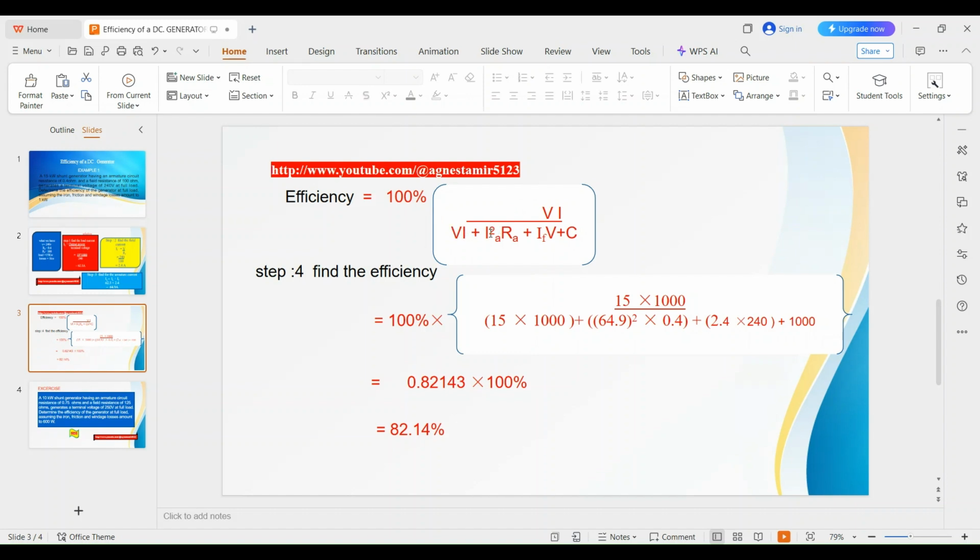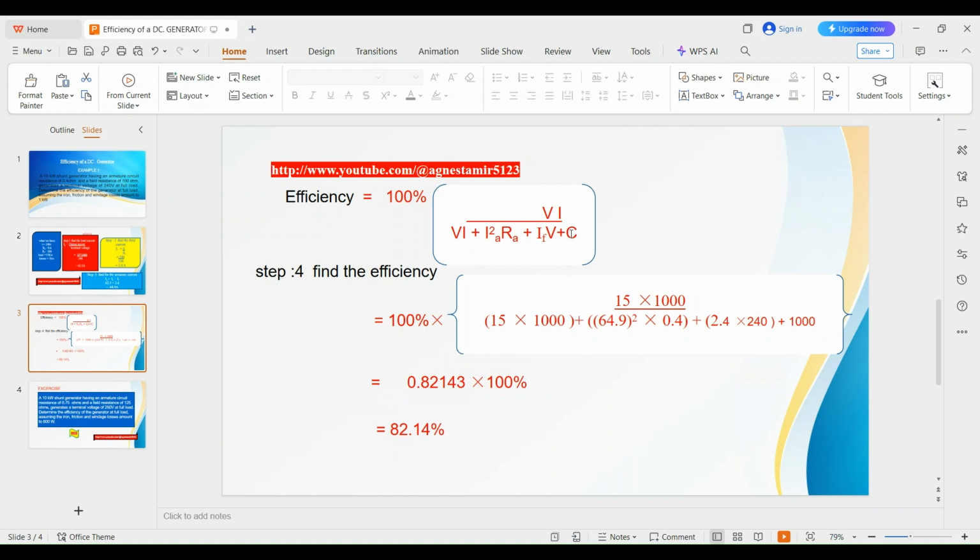Our input power is given by the output power plus the losses, which is VI plus Ia squared multiplied by the resistance, plus the field current multiplied by voltage, plus the losses.